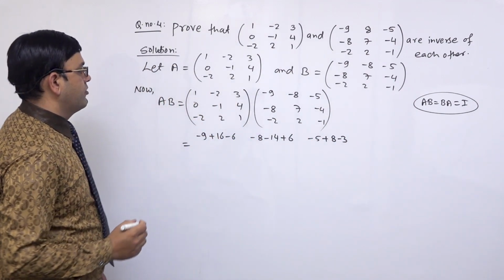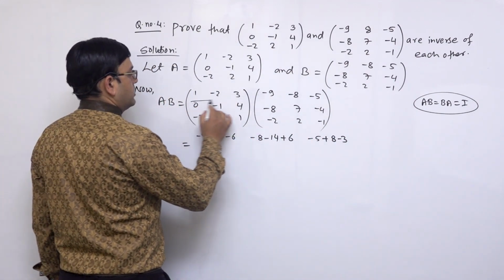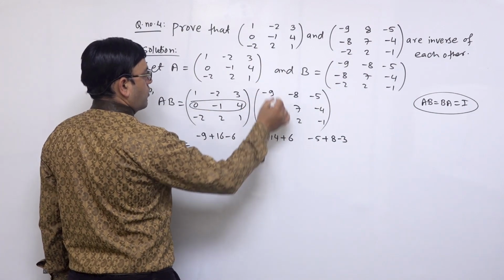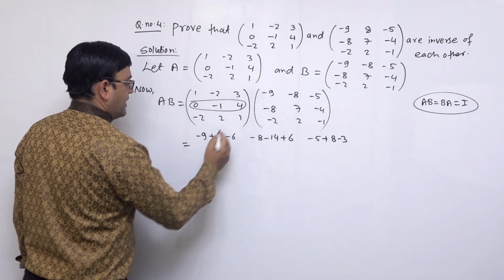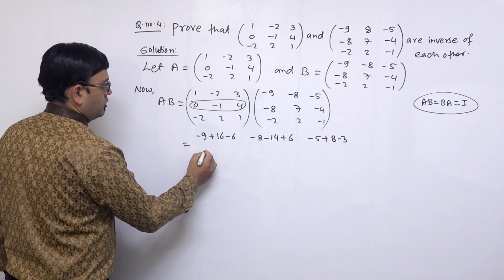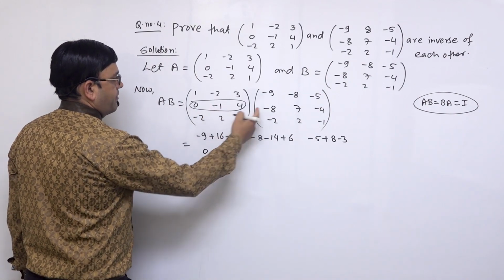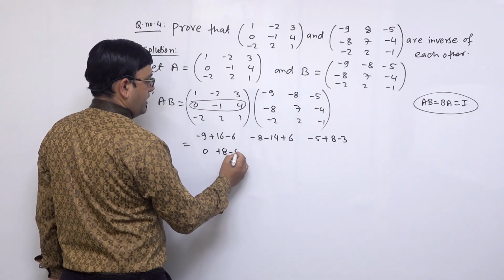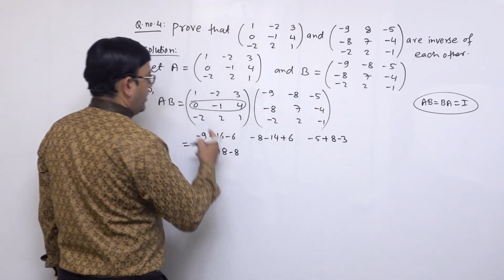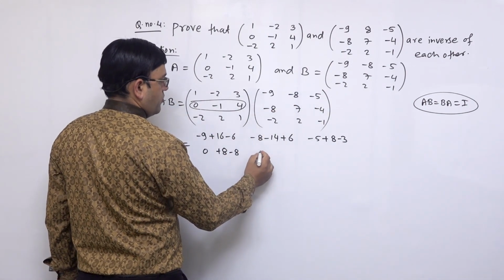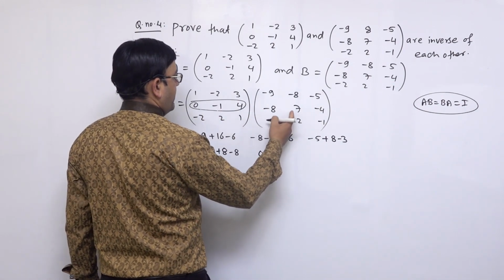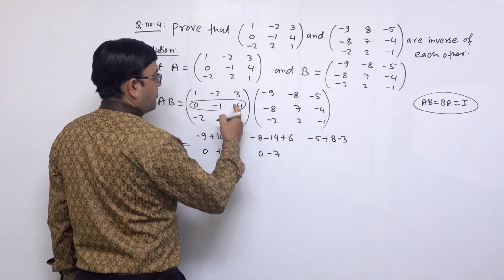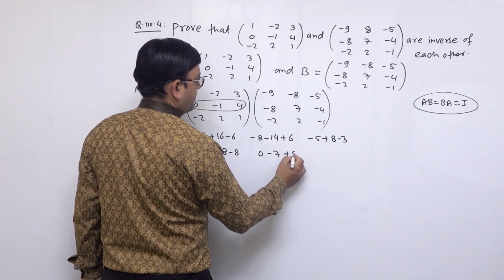Similarly, for the second row and the first column, 0 times -9 is 0. -1 times -8 is plus 8. 4 times -2 is -8. Similarly, 0 times -8 is 0. -1 times 7 is -7. 4 times 2 is plus 8.